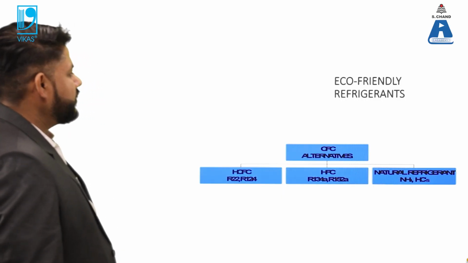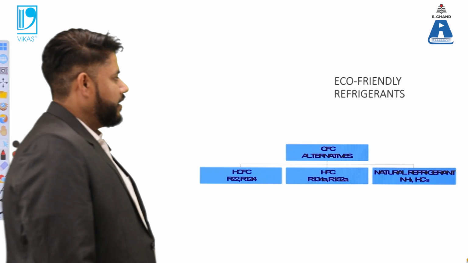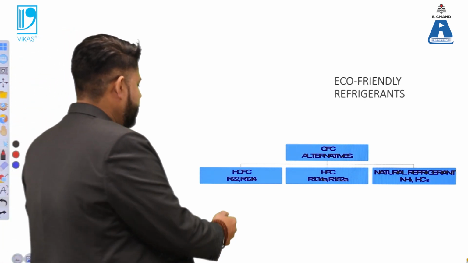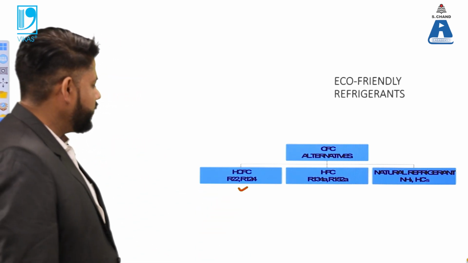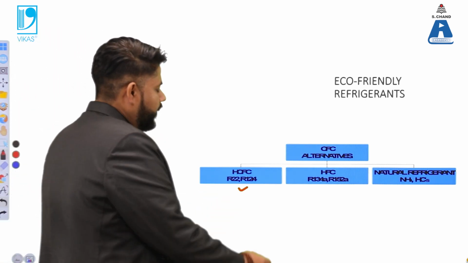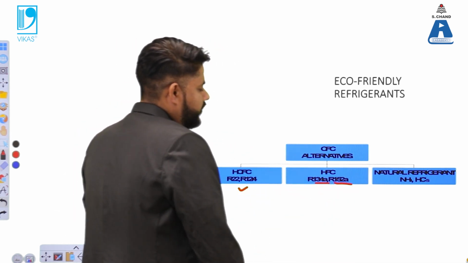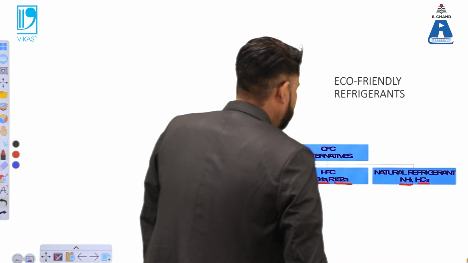If we categorize these alternatives to CFCs, these alternatives can be HCFCs, that can be refrigerants like R22, R124, HFCs which can be R134A, R152A, or certain natural refrigerants like ammonia or hydrocarbons.